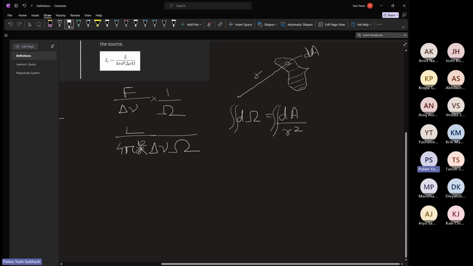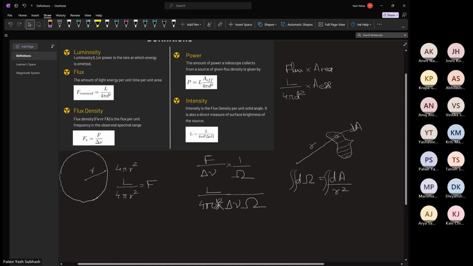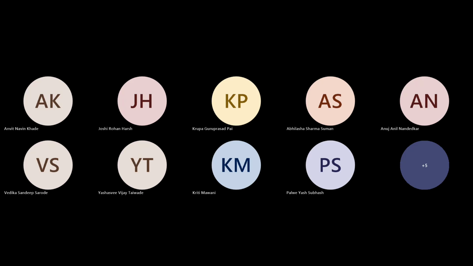This is basically the concept of angle which is used in two-dimensional applied to three dimensions. That's it. Pass on to Amit, the next part.